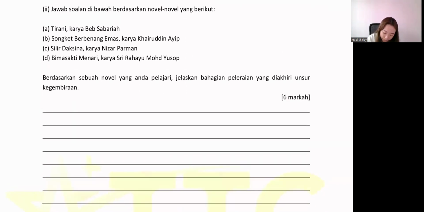Okay. Berdasarkan sebuah novel yang Anda pelajari, berdasarkan sebuah novel yang saya pelajari. Bahagian peleraian yang diakhiri unsur kegembiraan termasuklah. This is wrong. Why? Because you never write down the name.